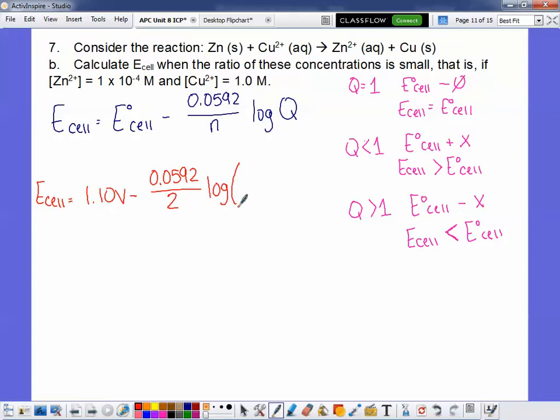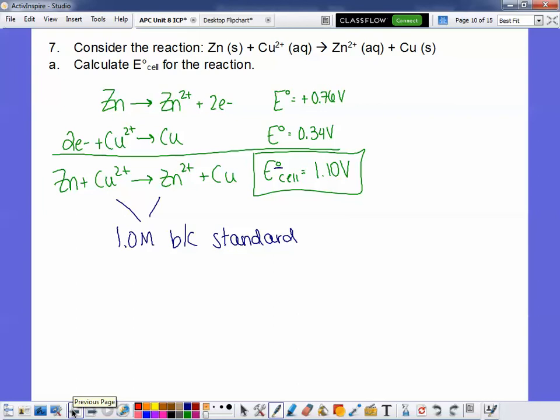Well, okay, let's look back at our reaction. What's our Q expression? Zinc 2 plus over copper 2 plus. Why did I not include the zinc metal or the copper metal?